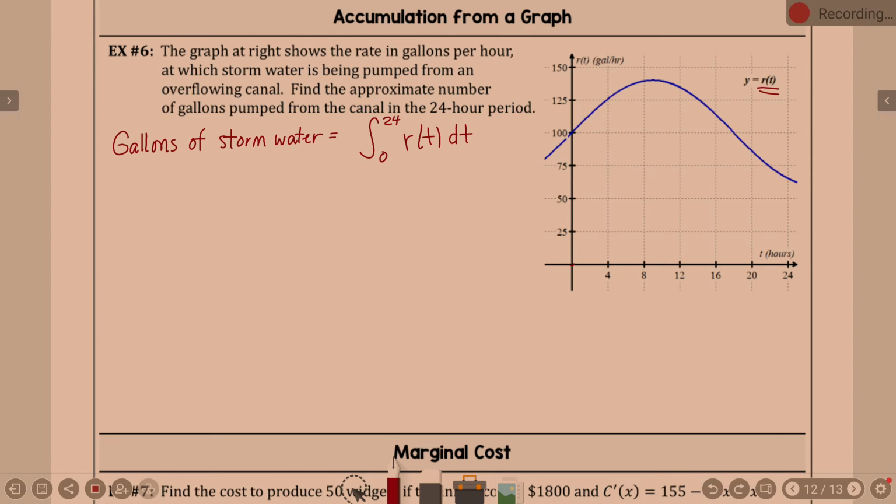What do we know about R of t? We know this graph. Do we have a function? No. So how do we find that integral? The question was, do we have to do the trapezoidal sum? We wouldn't necessarily have to.